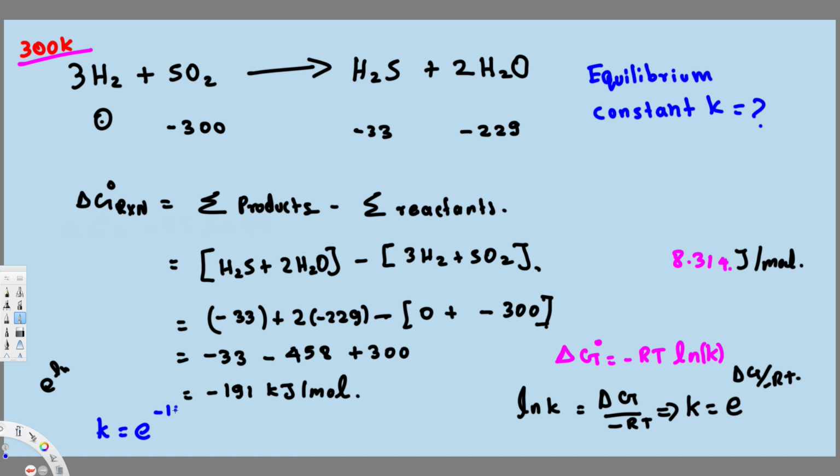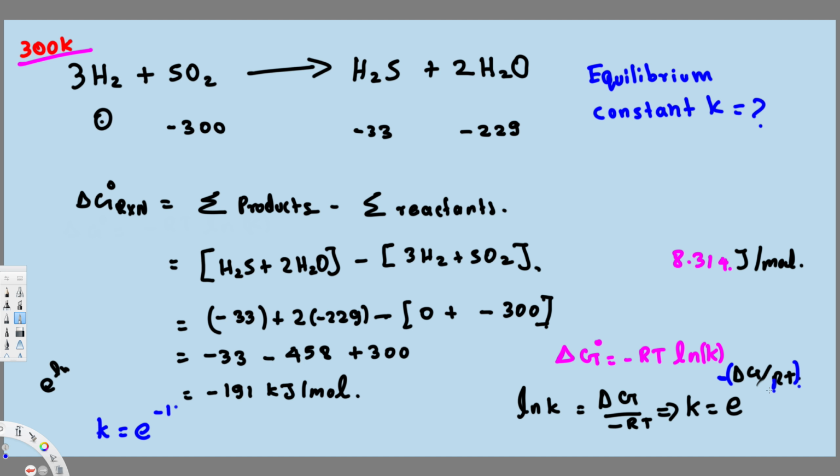Actually, the equation for this one is going to be negative. So let's bring this negative in front. And if you notice, delta G is already negative, and before this we have a negative.